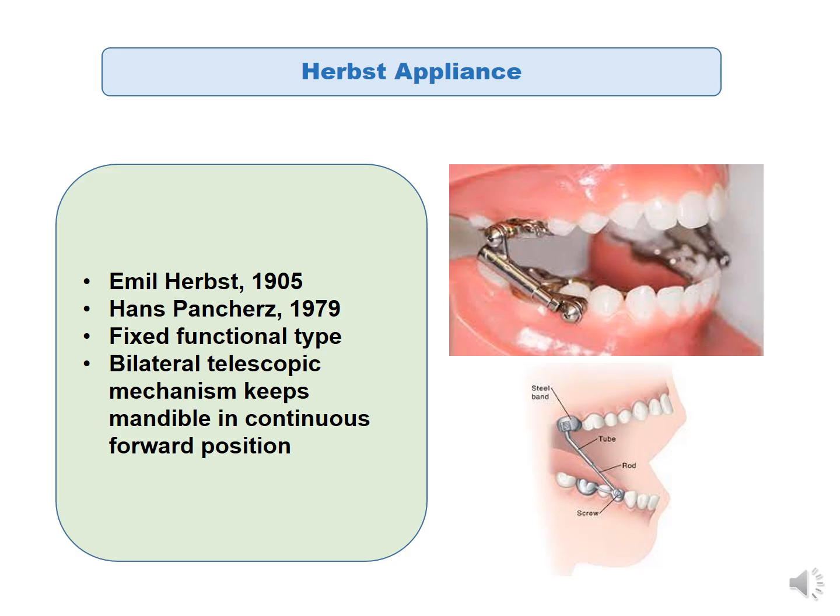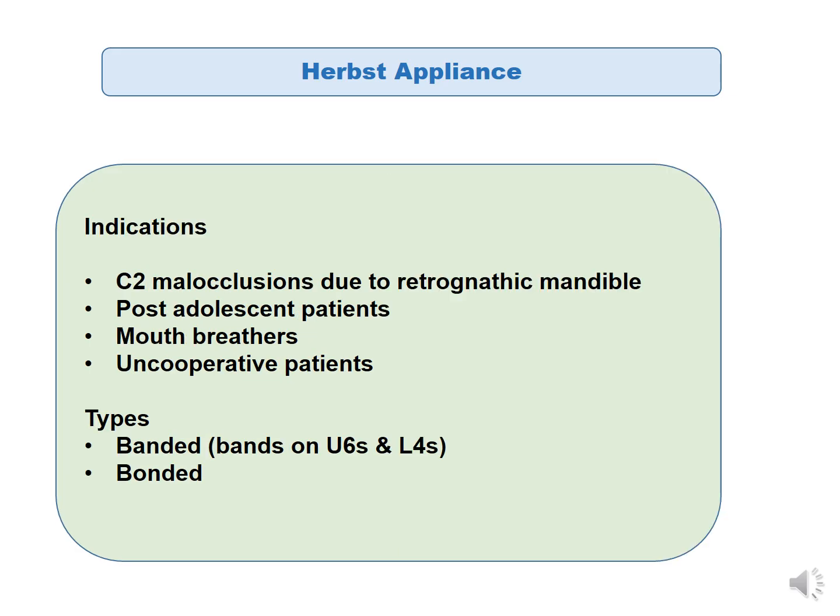It consists of a bilateral telescopic mechanism which keeps the mandible in a continuous forward position. The indications for the Herbst appliance are class 2 malocclusion due to a retrognathic mandible. It can be used in post-adolescent patients, in mouth breathers and in uncooperative patients.